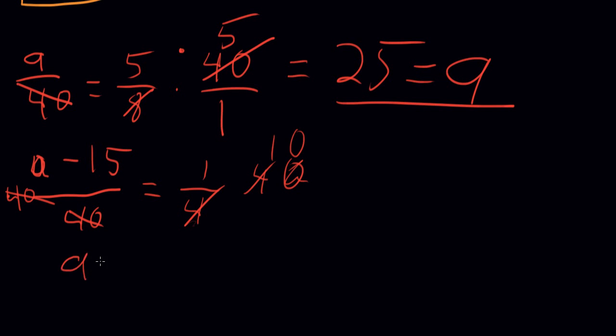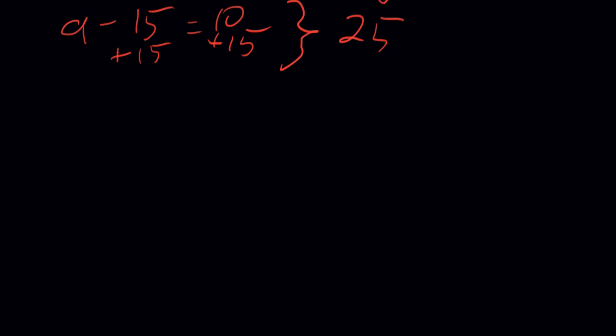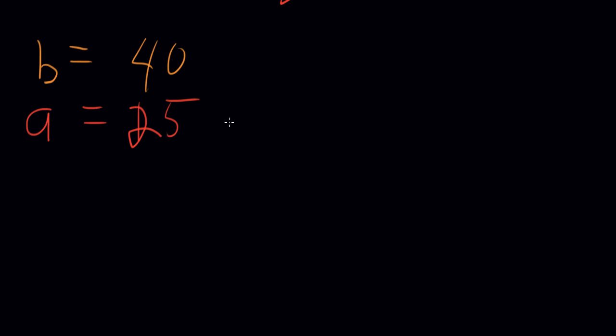So I'm saying A minus 15 equals 10. Well, if I add 15, this equals 25, which is the same number. So I've gotten the same result that confirms that my number of oranges equals 40. My number of apples equals 25.